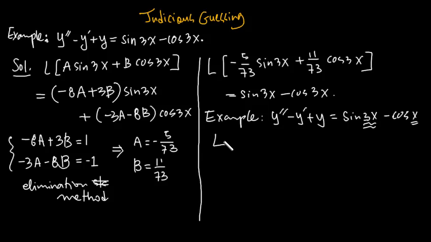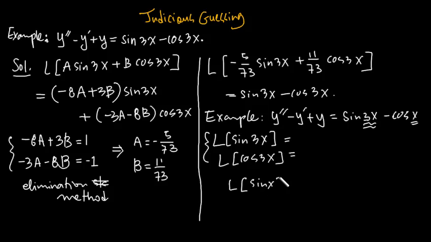So I will try separately like this, sine 3x and cosine 3x. And this will definitely give us a solution that involves 3x in the argument, and L of these two parts is a kind of separate problem. L of sine x, L of cosine x. These two will give you a solution that involves sine x and cosine x.